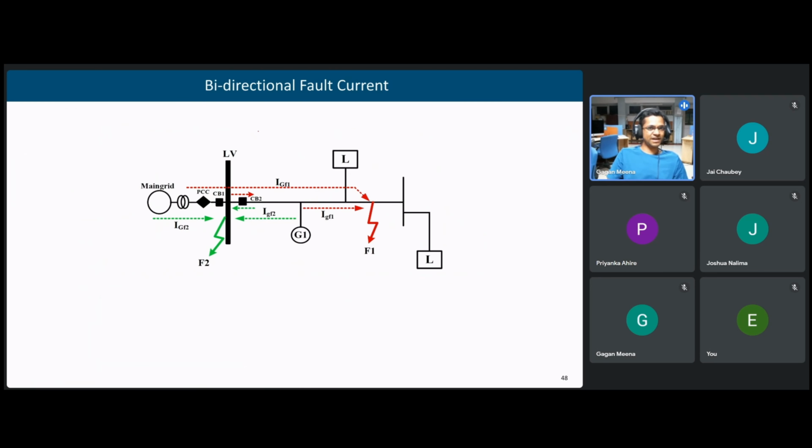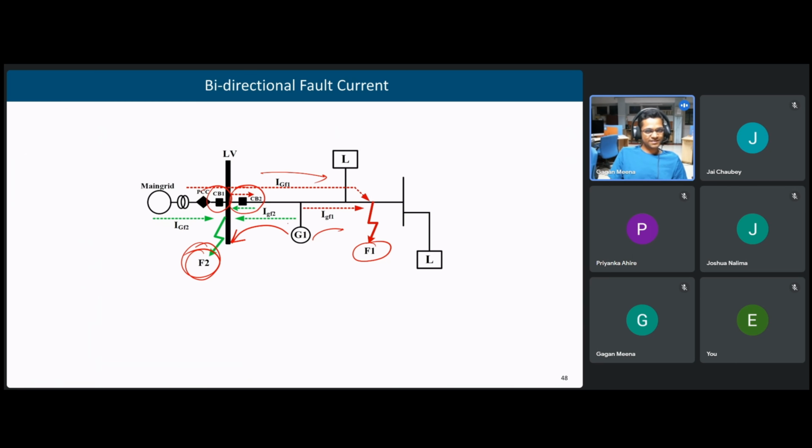So then the next problem is bidirectional fault current. If we see the first fault, this F1 fault, then this G1 and the grid both are feeding this fault. So this may trip. But if there is a fault here, then this is also feeding.